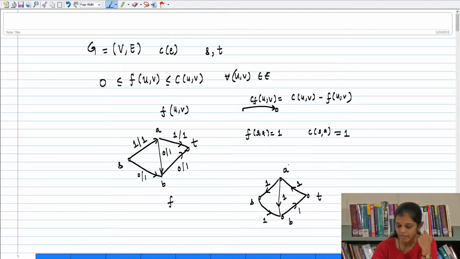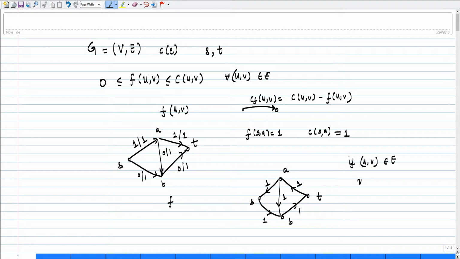Similarly, if uv was present in the original network, uv belongs to E, then you will have an edge vu in GF with Cf of vu equal to F of uv.